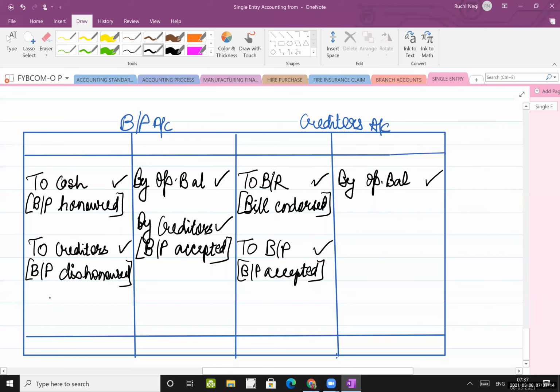Okay. इसका second effect by bills payable. Bills payable dishonored. Okay. Done. तो बिल्स पेबल में तो यही रिलेटेड एंट्रीज है, इससे ज्यादा कुछ नहीं होगा.